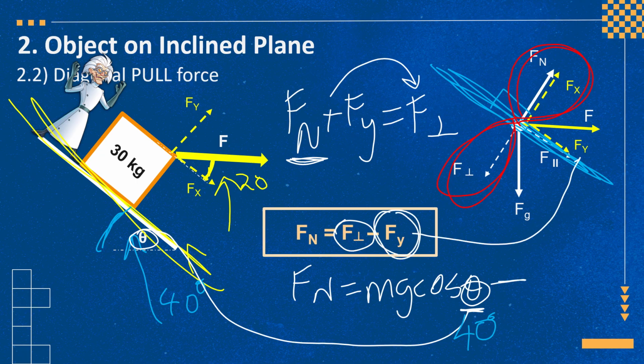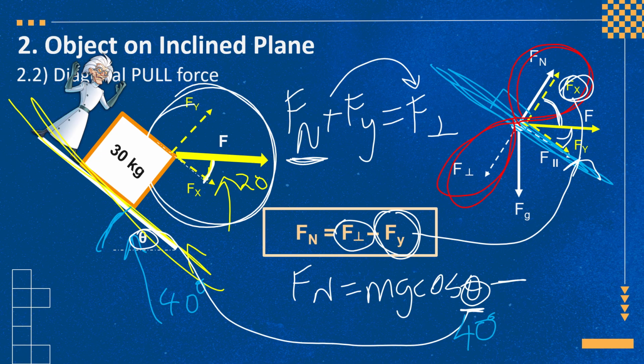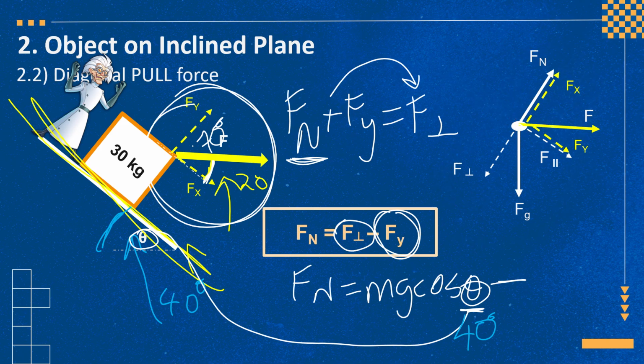Now Fy is there. So Fy is next to that angle. And if this angle is 20, so let's go back here. If this angle is 20, then that angle is 70. So your Fy here, let's just clean everything here.